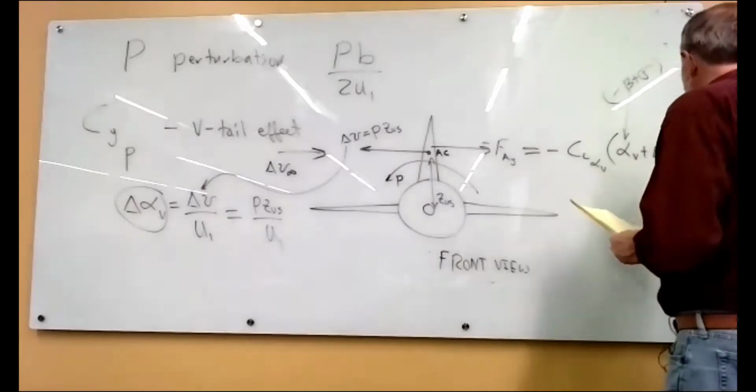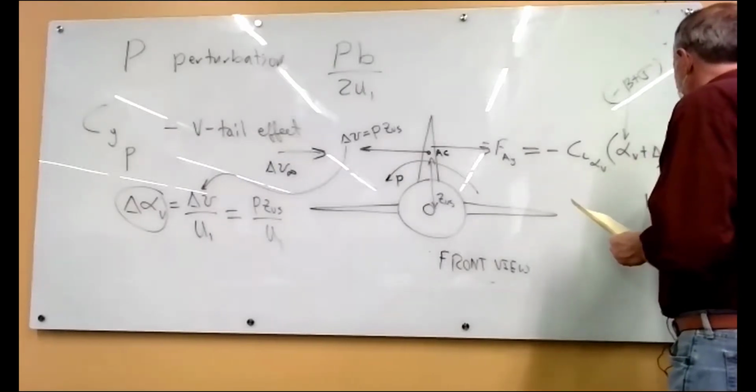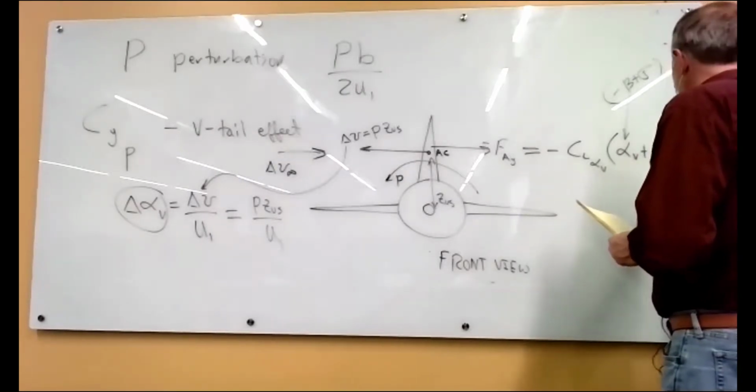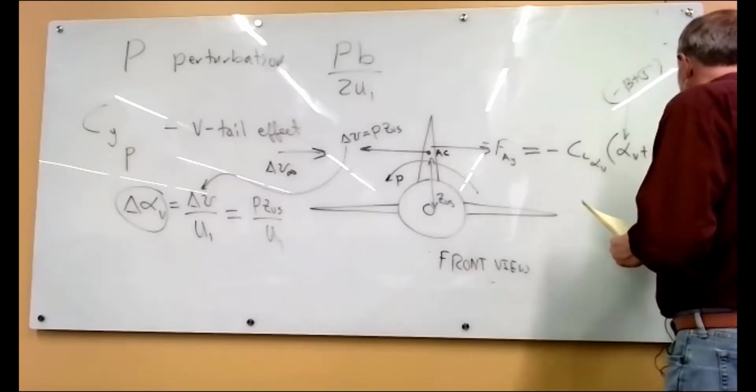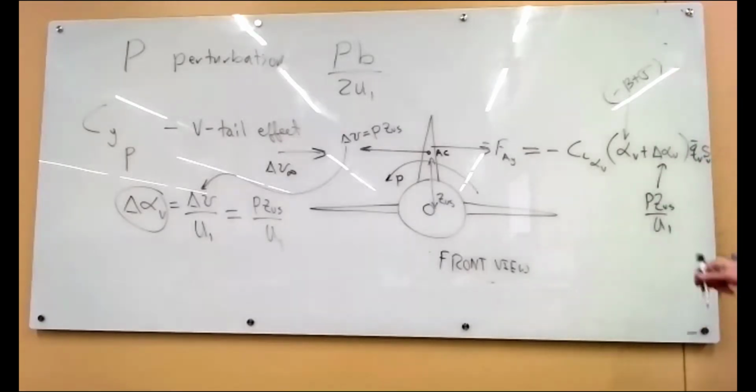And so that's where P shows up, P ZVS over U1. If you take the derivative of this with respect to P, that's where you get the P derivative. So we have to convert this.